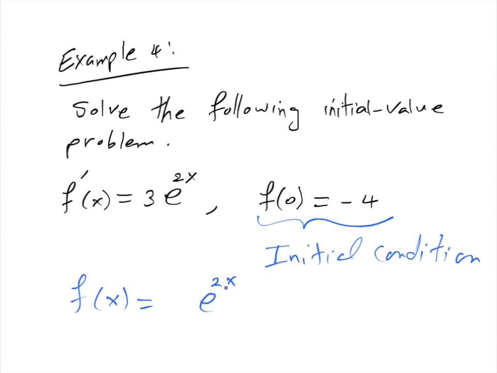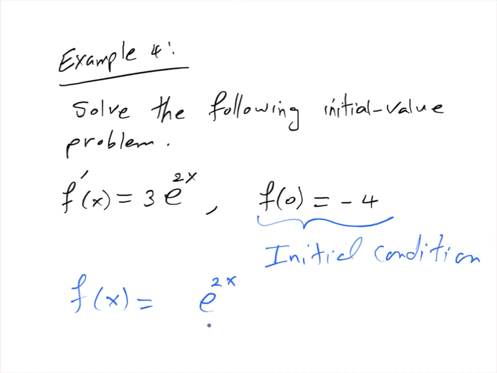It's not just e to the 2x. Because of the chain rule, you have to multiply it by derivative of the 2x, which is the inside function. E to that is the outside function.